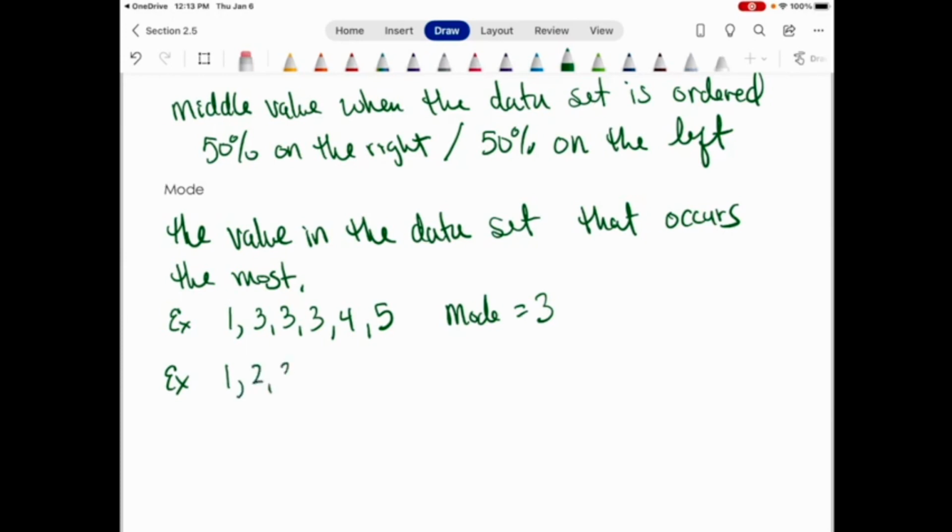In this next example, let's say I give you this. All of the data values are written the same number of times. So we don't have any one data value that repeats more than another data value in the set. So this is a special case where we would say we have no mode.